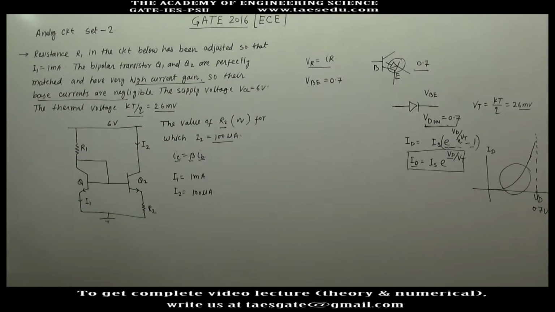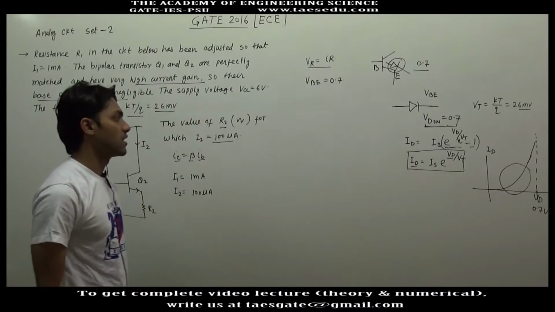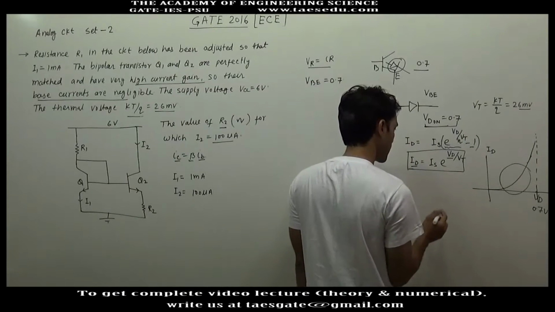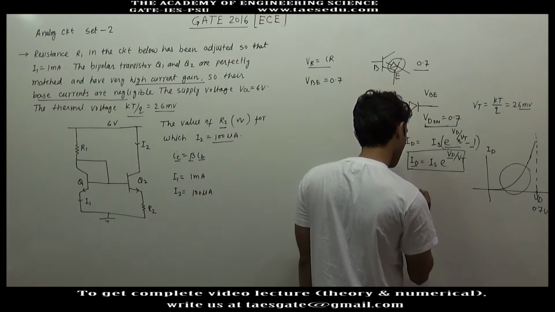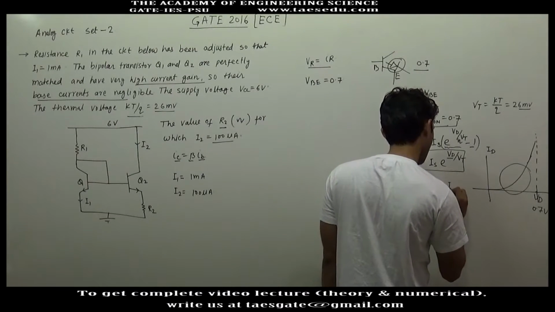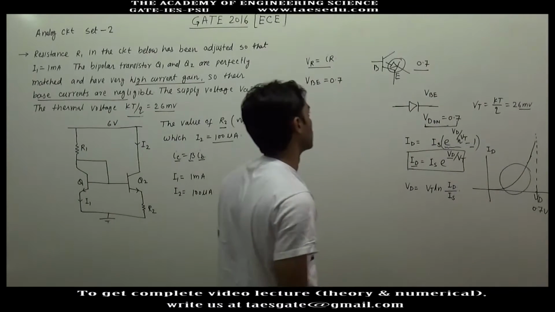So in this question VBE is not given as 0.7 volt, and we will apply the exact relationship between diode voltage and diode current. If we take ln, the diode voltage will be VT ln ID divided by the reverse saturation current of the diode.